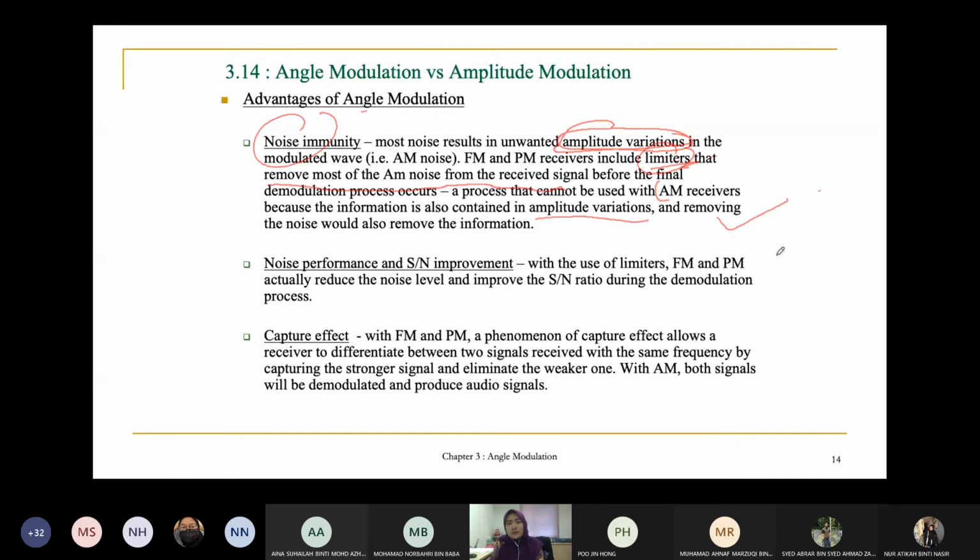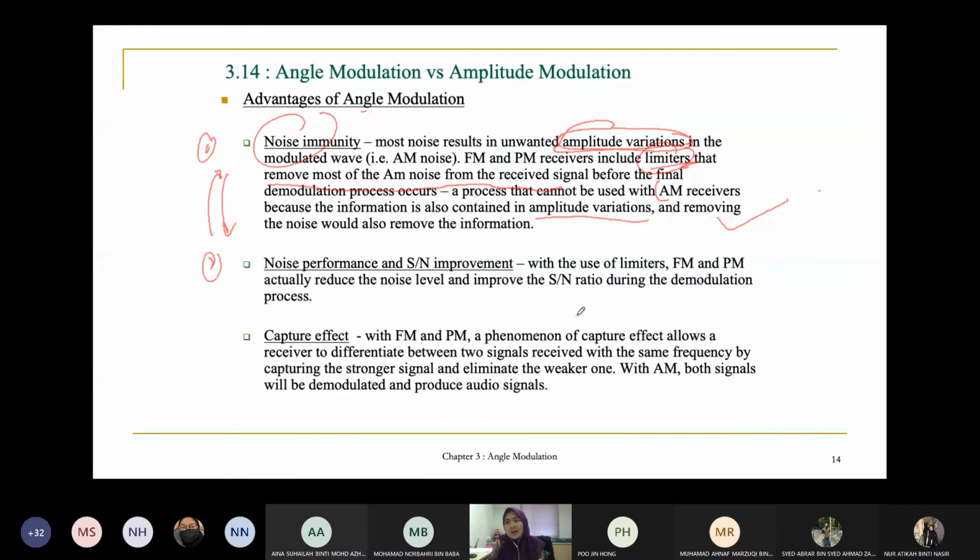Okay, the first one and the second one have a relation to each other. This one is noise immunity, and this is noise performance and signal to noise improvement. Since angle modulation has better noise immunity, it also has better noise performance and signal to noise ratio improvement, or a higher signal to noise ratio in the system.